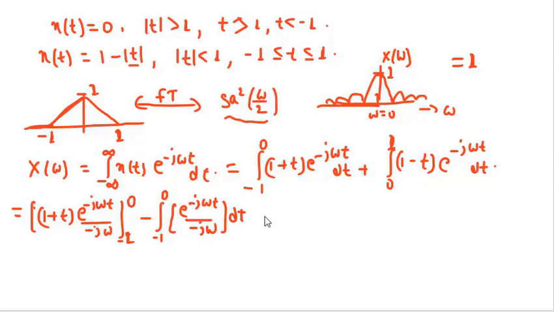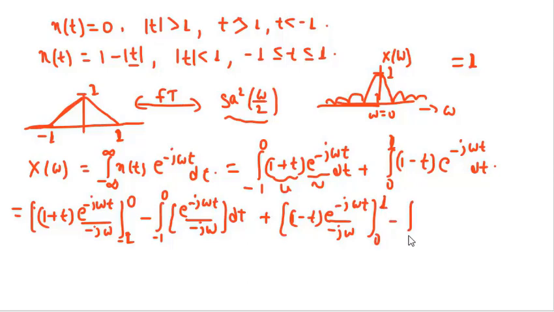This is integration by parts, where I have taken this one as u and this one as v. The second integral becomes 1 minus t, e to the power minus j omega t divided by minus j omega, integration from 0 to 1, minus the integration from 0 to 1 of minus 1 times e to the power minus j omega t divided by minus j omega dt.